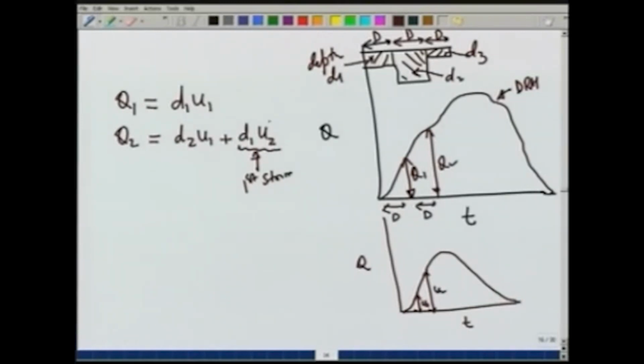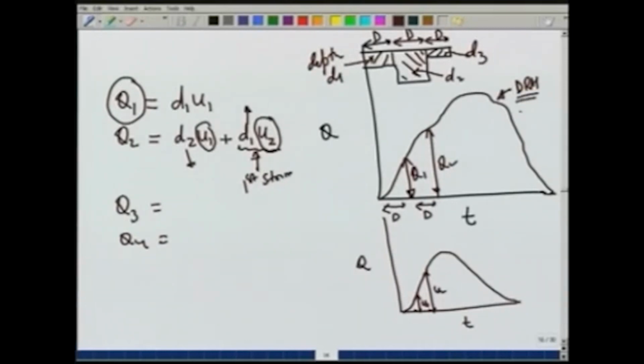So, the unit hydrograph ordinate at 2d into the depth of the first storm plus the second storm has only lasted for d hours. So, its ordinate u1 multiplied by the depth of the second storm. Similarly, we can write q3, q4. These are known to us from the direct runoff hydrograph which we have measured at A.